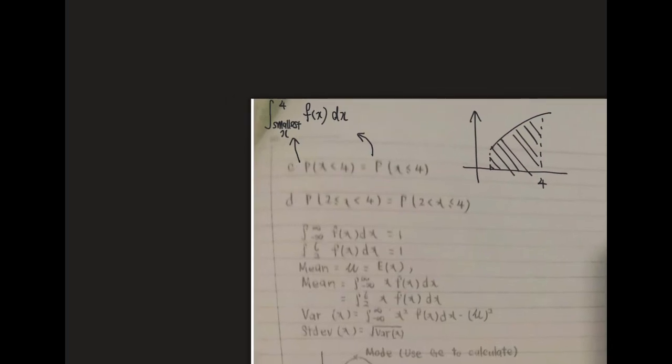So you see, in discrete, there is a difference. If you have P(X < 4), then it is P(X=0) plus P(X=1) plus P(X=2) plus P(X=3), in discrete, as well as binomial.